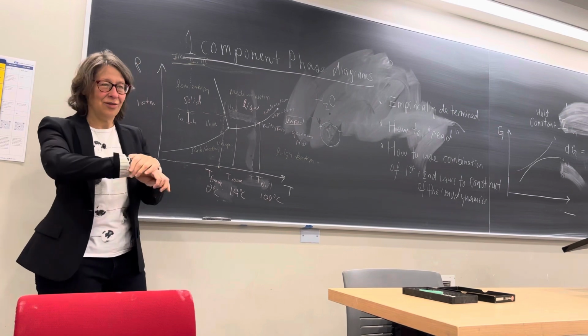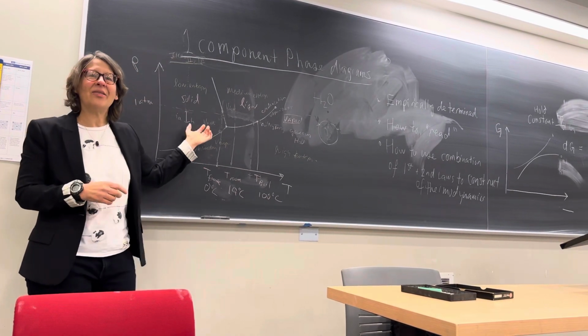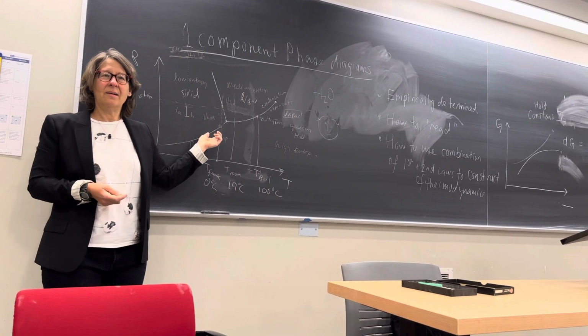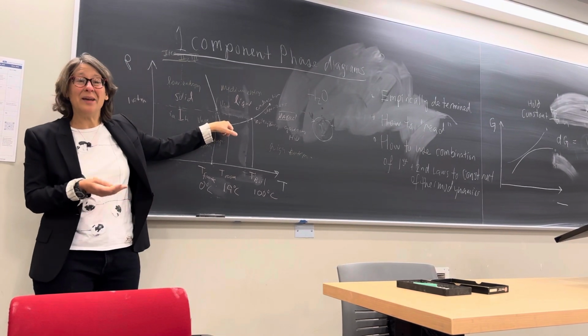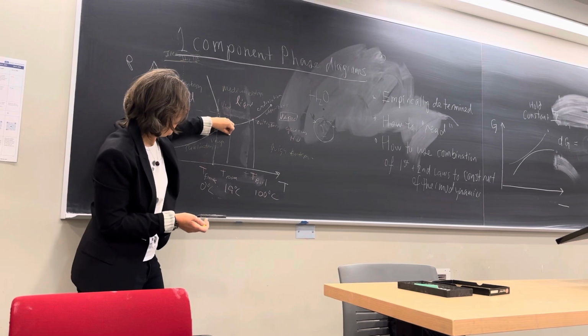Great. Okay, let's do one more thing. Any questions about this phase diagram? There's a lot of cute parts. There's this part where all the phases meet in the middle. That's called the triple point.